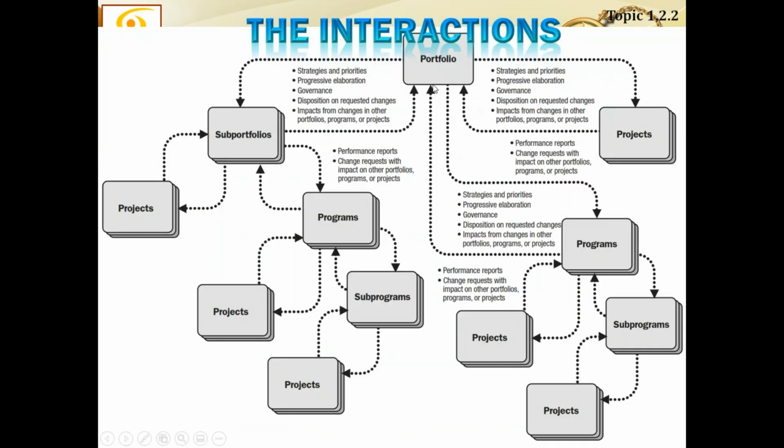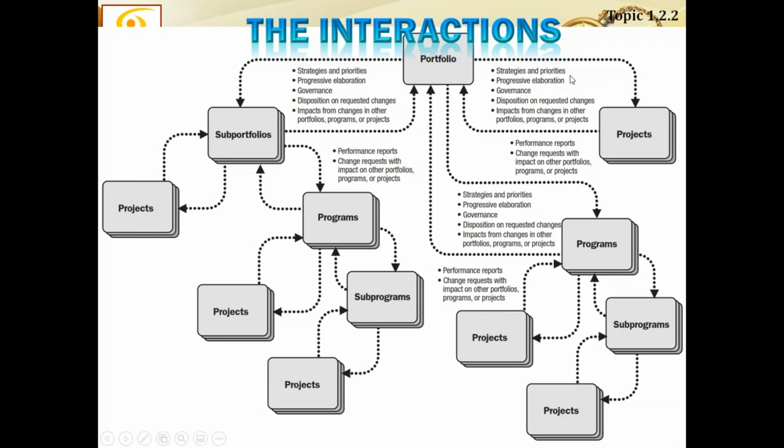Okay, just look at the interaction of these projects, programs, and portfolios. This is from the older version, but it was interesting because it tells us how things are being communicated. A project which is directly under a portfolio, what does it get from the portfolio?